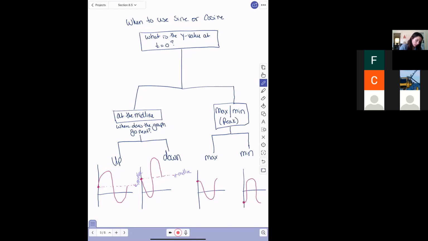If you follow this flow chart and the y value starts at the midline and then goes up, you're going to use positive sine. If the y value at t equals 0 is at the midline and then you go down, you're going to use negative sine. Any questions there?